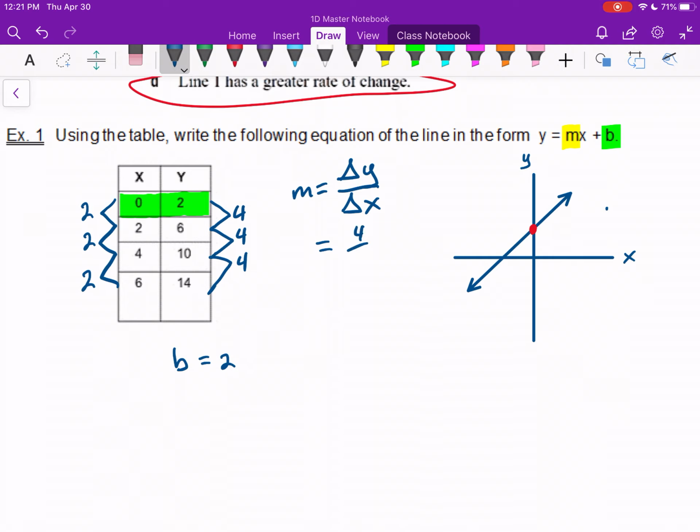So it would be 4 over 2, which equals 2, and that is my slope. Sorry, I said y-intercept, that's my slope.